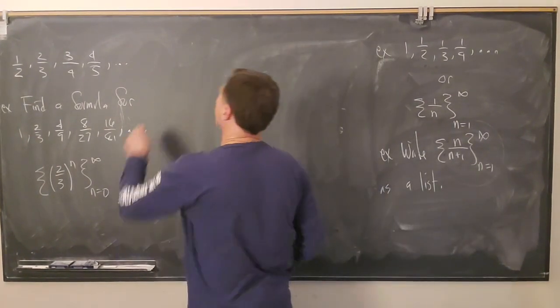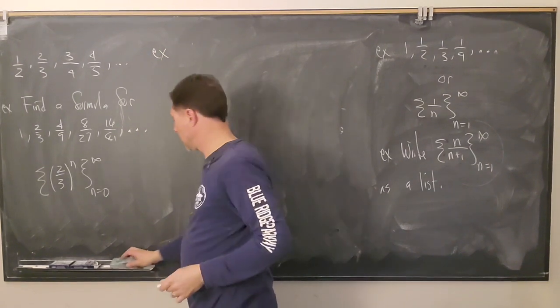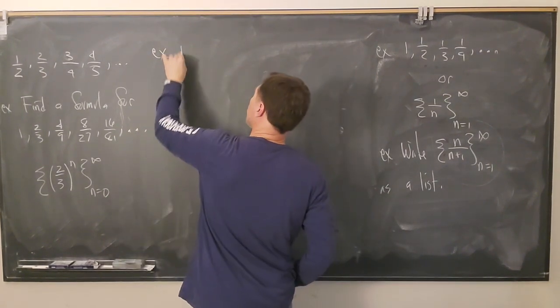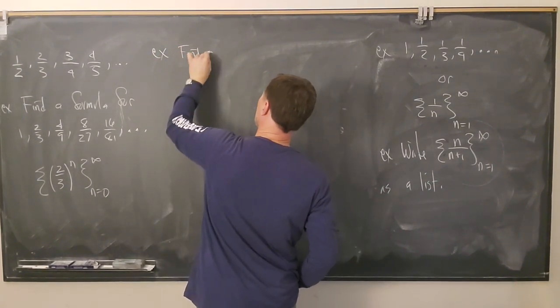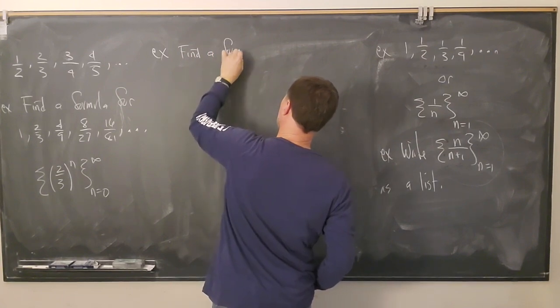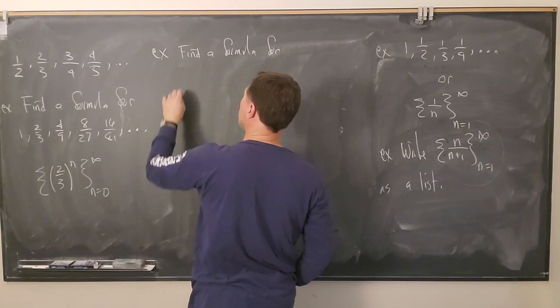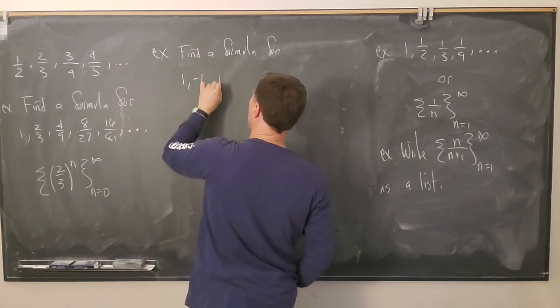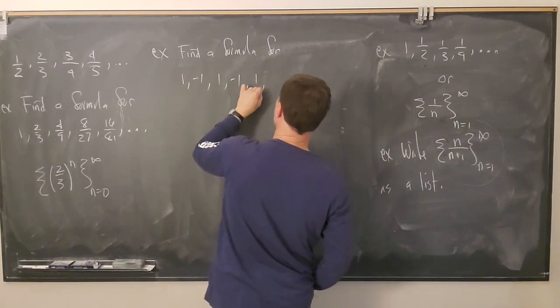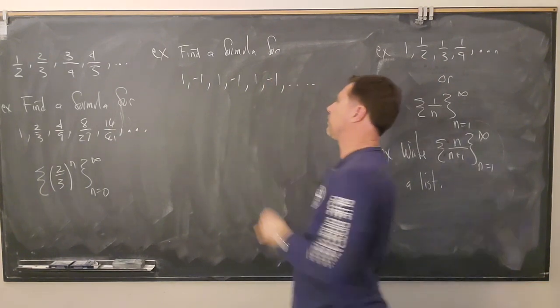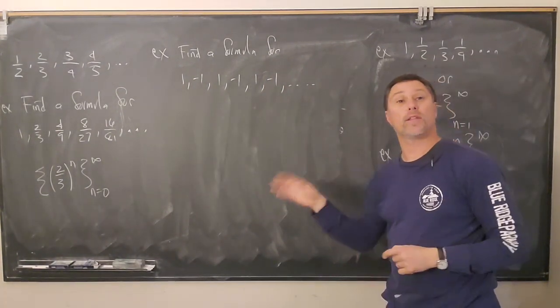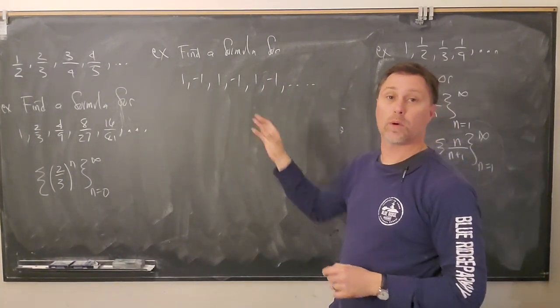Another example. Same thing, let's find a formula for the sequence that goes like this: 1, minus 1, 1, minus 1, 1, minus 1, going on forever. So what do we have? Our sequence just alternates 1, minus 1, 1, minus 1.